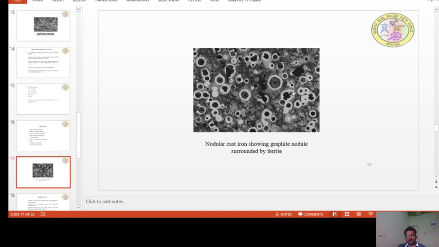That means we have a ferrite matrix, and in the ferrite matrix we have got the nodular graphite. Because of this shape, it is very good for machinability. The machining properties of this cast iron are good compared to the other types of cast iron.